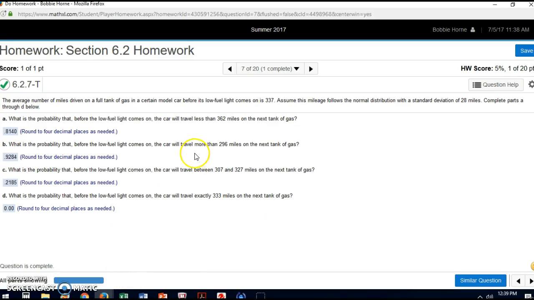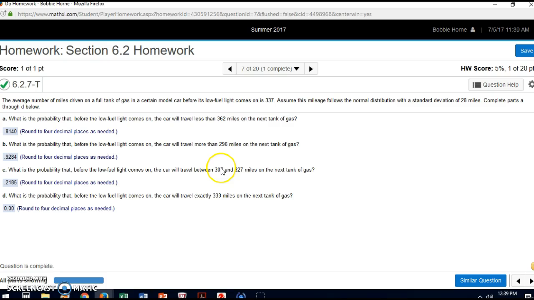For the next one, we want to know between 307 and 327. So we have to do the probability up to 307 and then the probability up to 327. We want everything in between, so we have to subtract out what is lower.